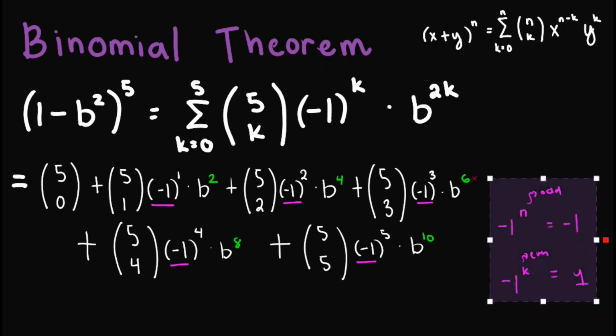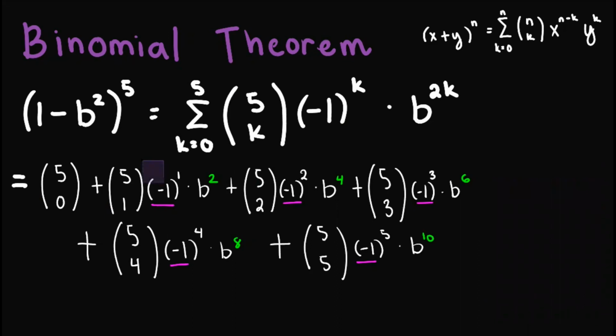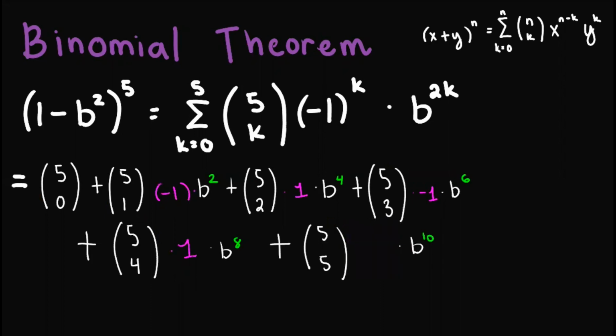So with this in mind, this first one here becomes times -1. The second one here becomes 1. The third here becomes -1. The fourth here becomes 1. And the fifth here becomes -1.